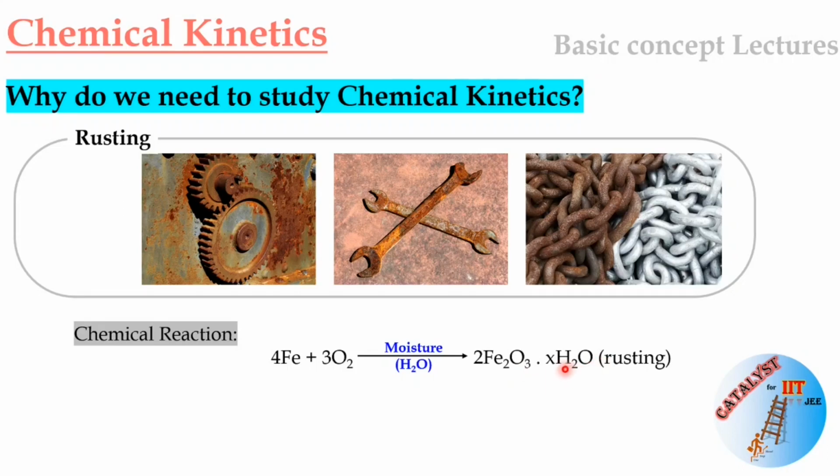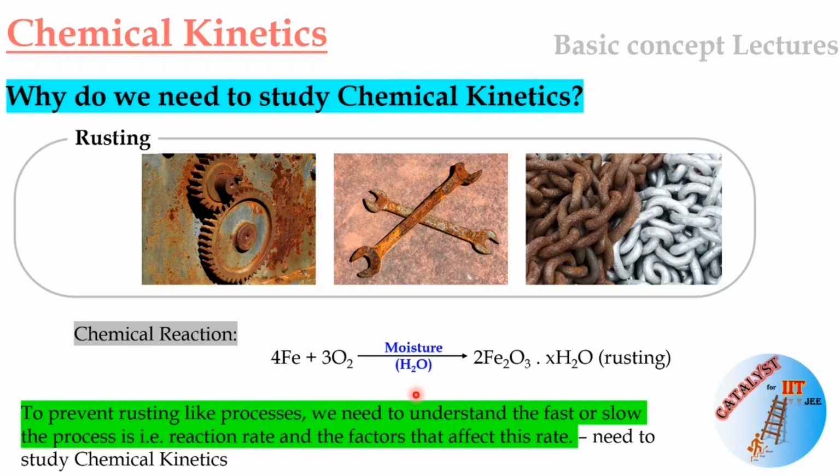If you want to stop this rusting, you need to understand this reaction very precisely. You need to understand the mechanism, you need to understand the rate, how fast this reaction is, and also what are the factors that affect this reaction rate. So to prevent processes like rusting, we need to understand the rate of a reaction. For that we need to study this chemical kinetics.